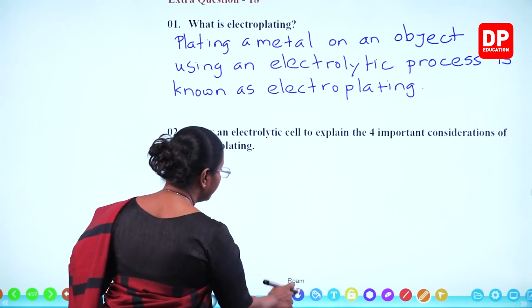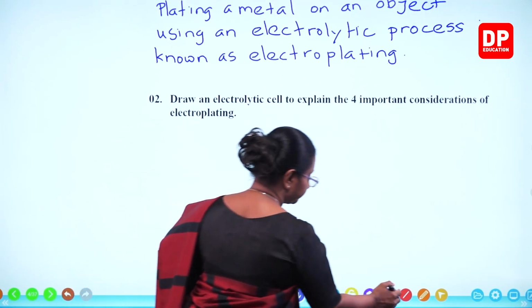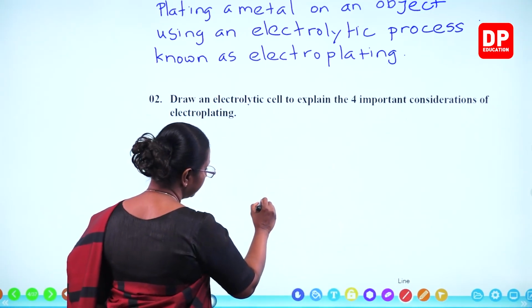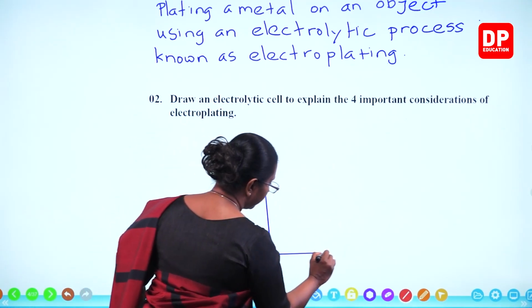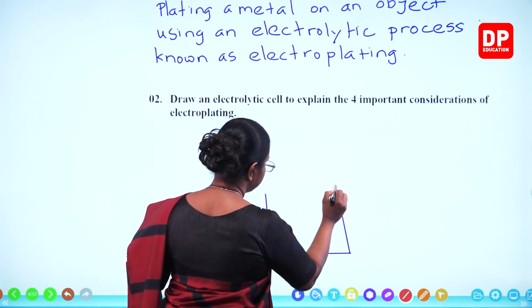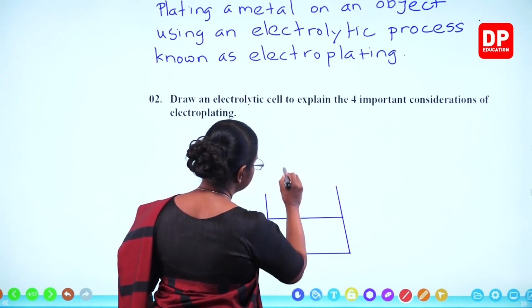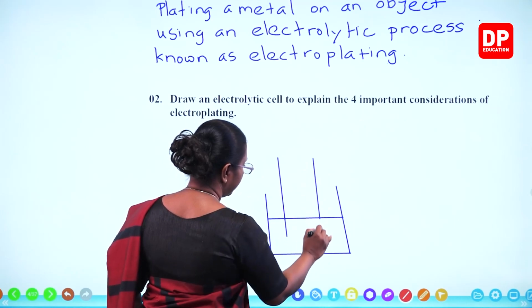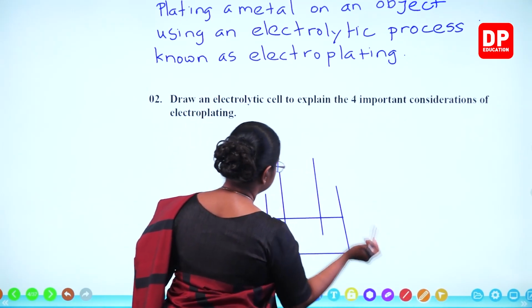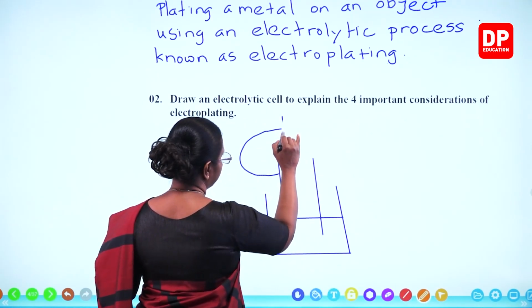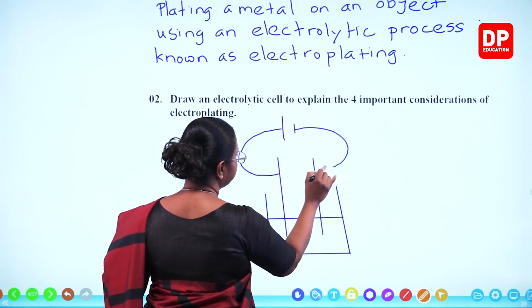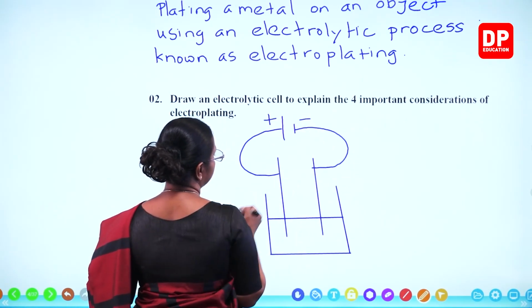So if we are to draw the cell, here we have the electrolytic cell with the electrolyte solution, the electrodes, and you need to have the power supply, positive, negative.